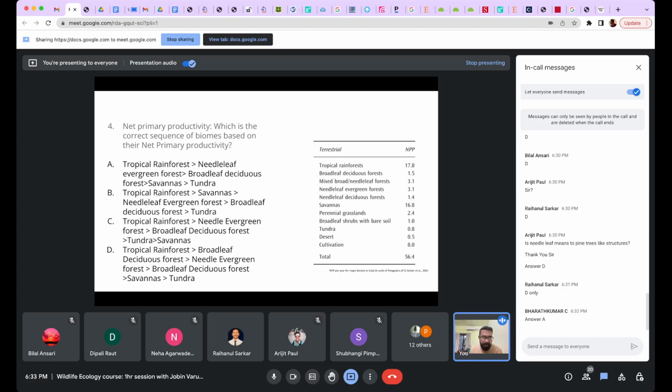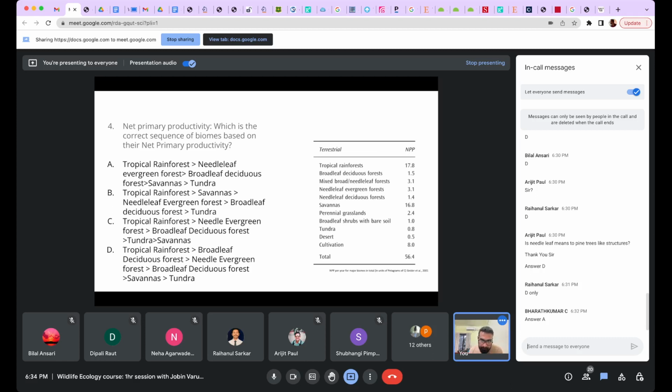They have lions and huge populations of wildebeest and other herbivores, and they're huge animals. So the kind of NPP that can contribute is high. Savannas do have a high productivity in a nutshell. So the answer is B.